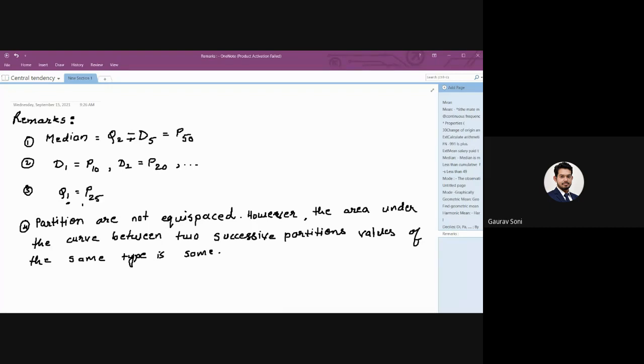So this means that if you look at the area between any two successive quartiles, that will always be 25% of the total area.